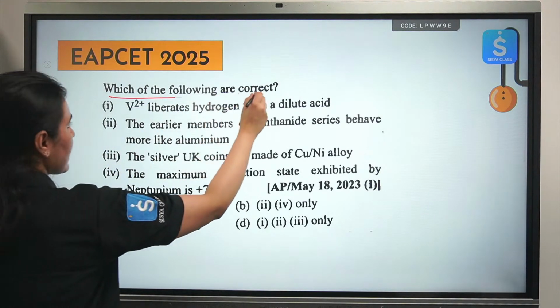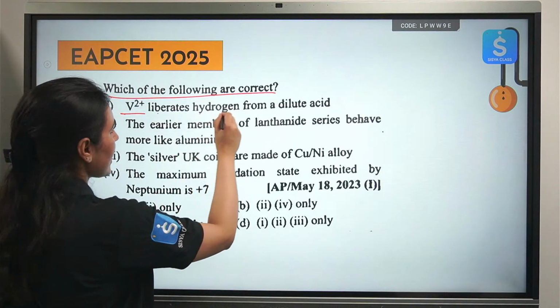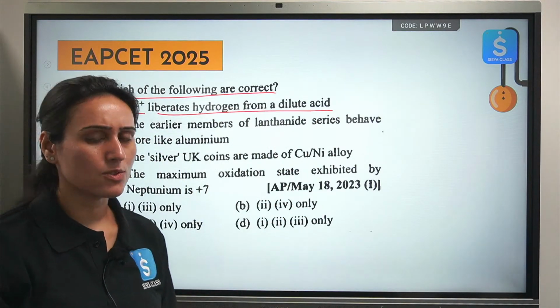Which of the following are correct? Again, you have to identify the correct statement. So, vanadium 2+ liberates hydrogen from a dilute acid. That is true. Okay.